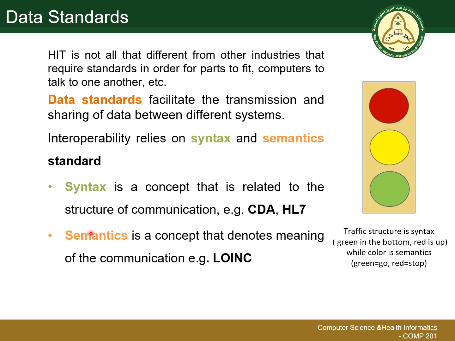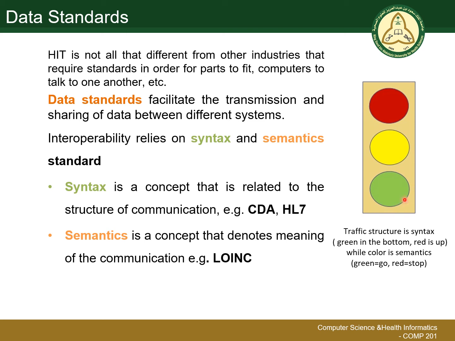And semantics is a concept that denotes the meaning of the communication. So it gives a meaning to the communication itself. If we return to our example, the traffic light, the structure was just arranging the lights of the traffic light, but the semantics will give meaning to the lights.